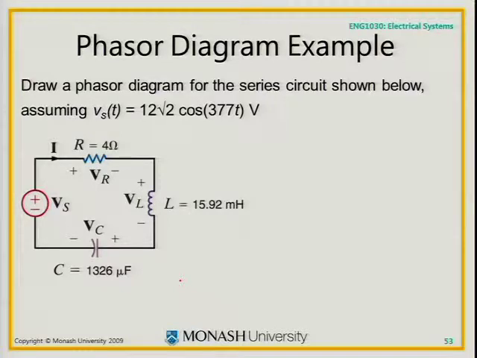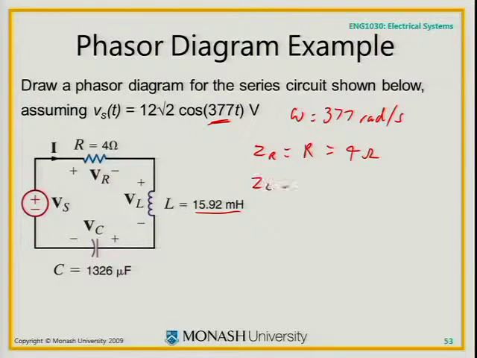So what would be the first step? Well, you convert your inductor and your capacitor to their equivalent impedance at omega equals 377 radians per second. So you first find omega. 377 radians per second. This L looks messy, 15.92 millihenries, but firstly, what's the impedance of the resistor? Just the resistance, which is 4 ohms.